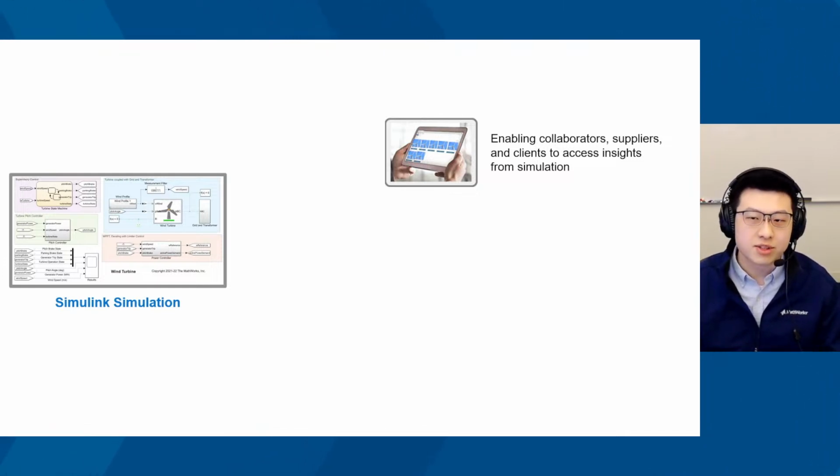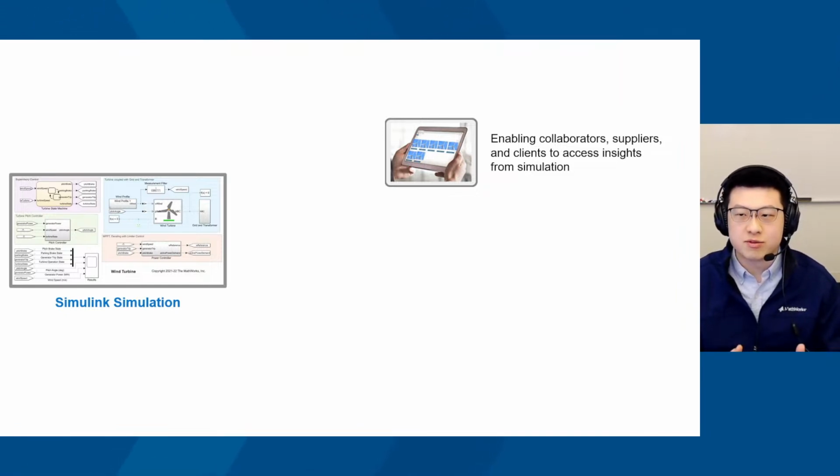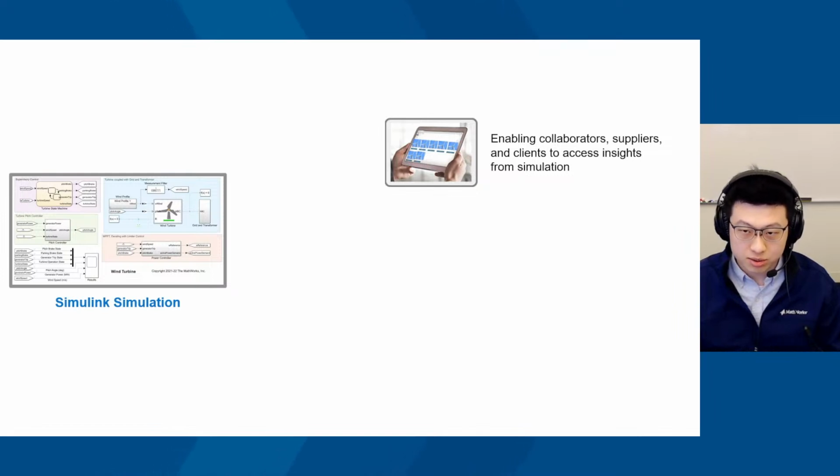Some of them don't have the same setup as you do. They might be using a different set of programming environments or simulation tools that are outside of Simulink. And they might not even have access to Simulink licenses.